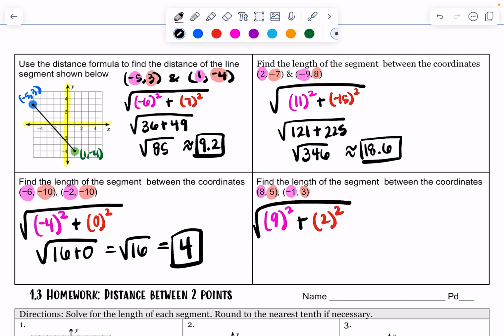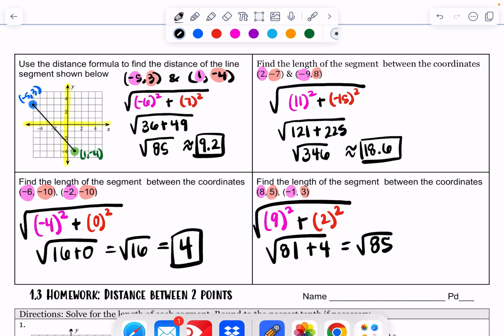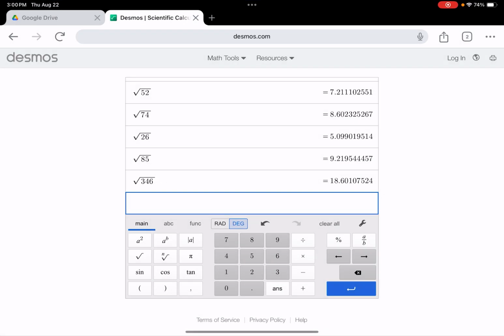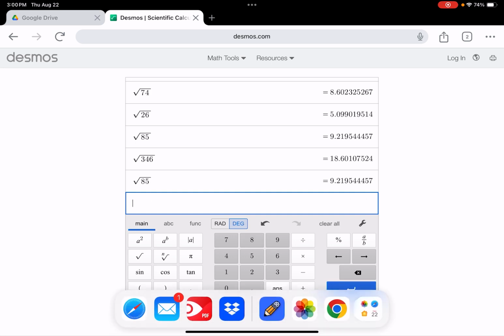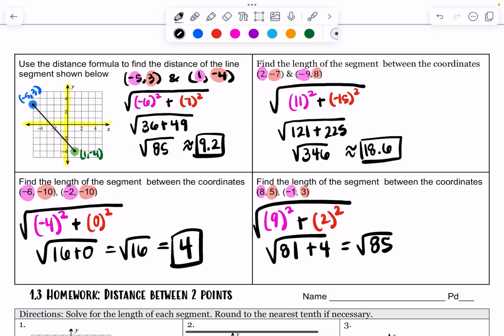So 9 squared is 81. 2 squared is 4. And 81 plus 4 is 85. And we have already taken the square root of 85 on this set of notes, but we'll do it again. The square root of 85 is approximately 9.2, which was the top left example, but no worries.